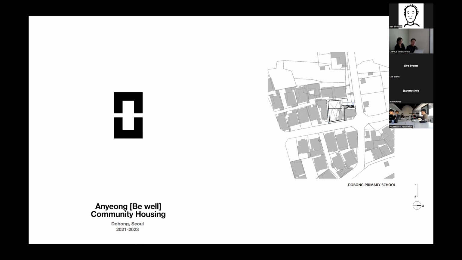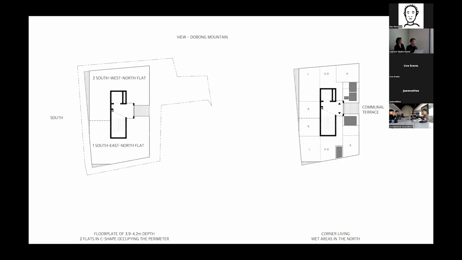So in this compact site of an irregular shape, we tried perimeter living in a simple form that best utilizes the environmental qualities like views, light, and air. For that, we invented a simple layout system, 2 floor plates of 4-meter depths in a C shape on 1 floor.